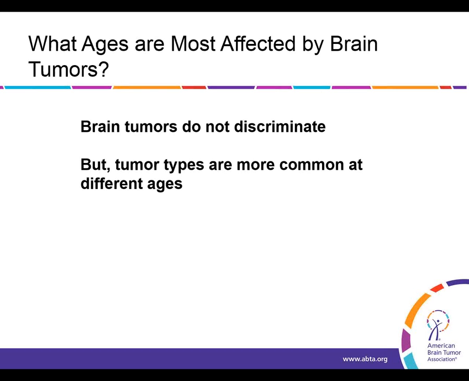Brain tumors do not discriminate between people of color or of socioeconomic status and have only a little difference between males and females. Younger adults have more low-grade tumors, and older adults will have more malignant gliomas.